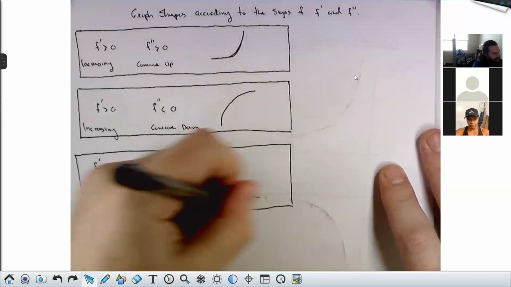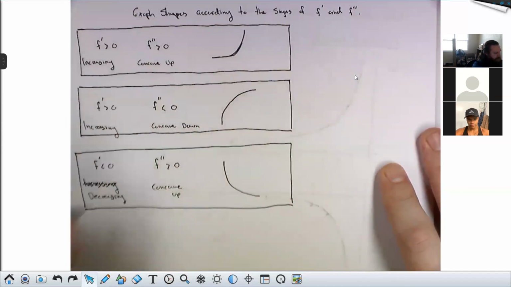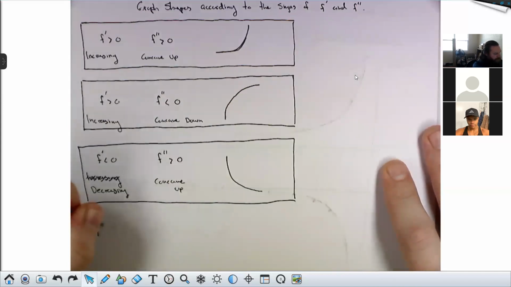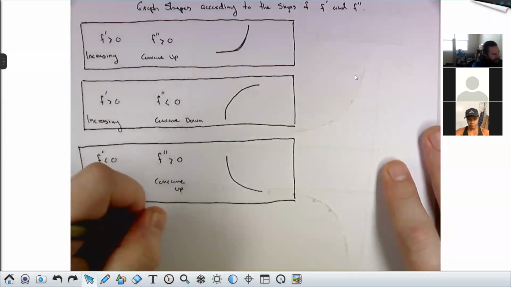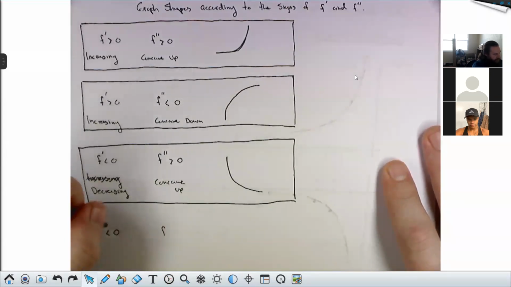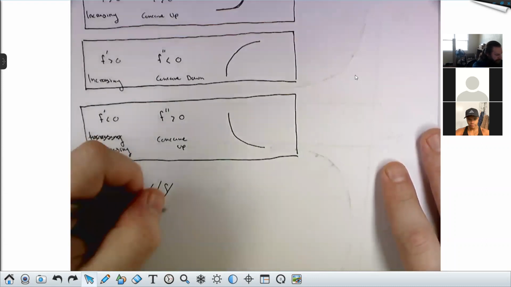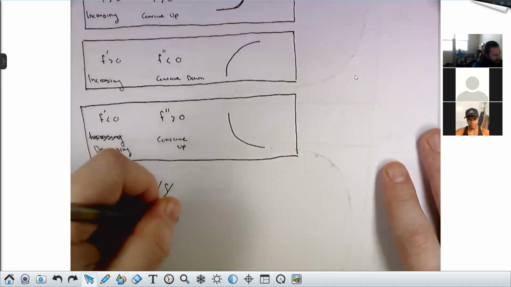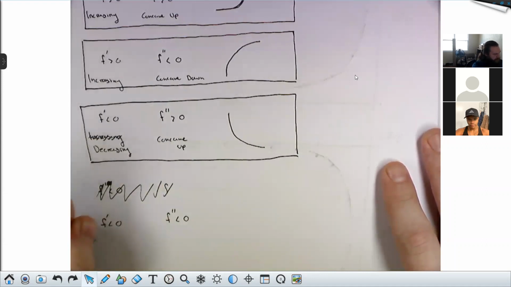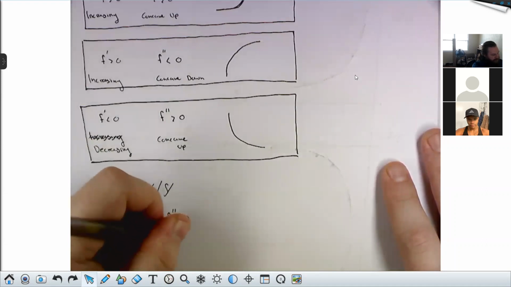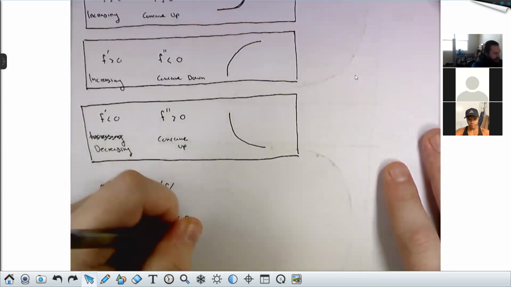And then the last possibility here is that you're decreasing and concave down. That would mean f double prime is negative. I'm going to stay consistent here. F prime is negative and f double prime is negative. So we would be decreasing and concave down.